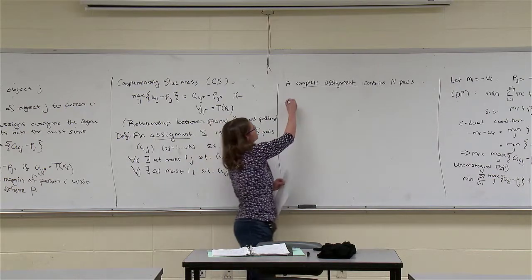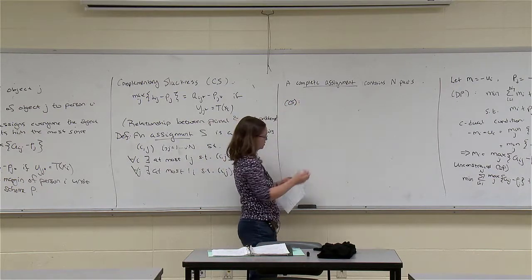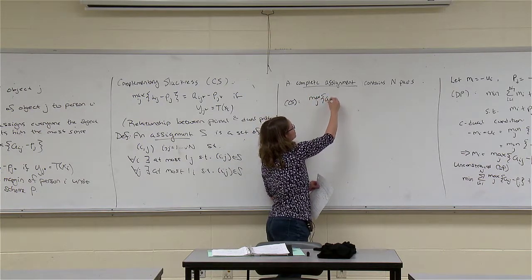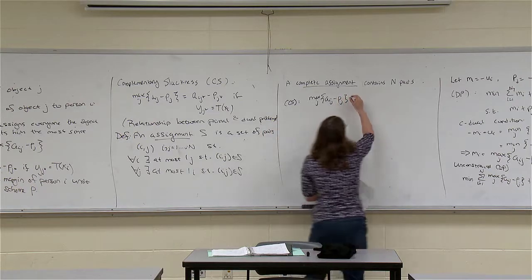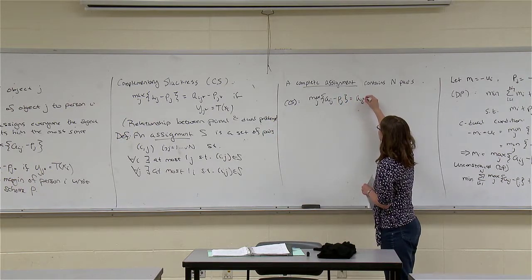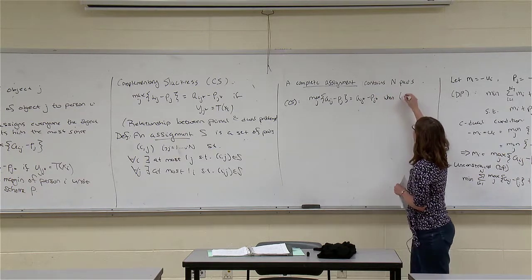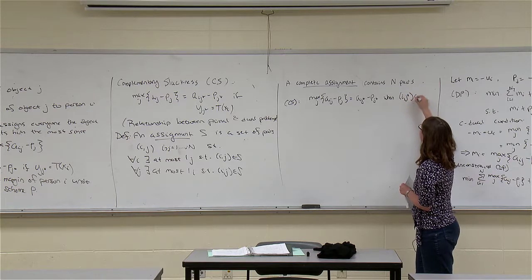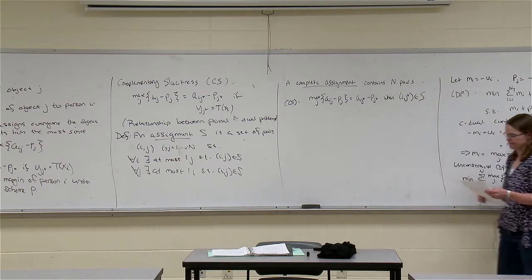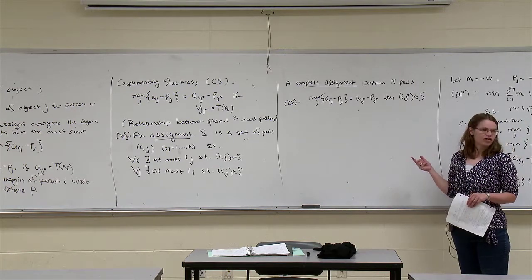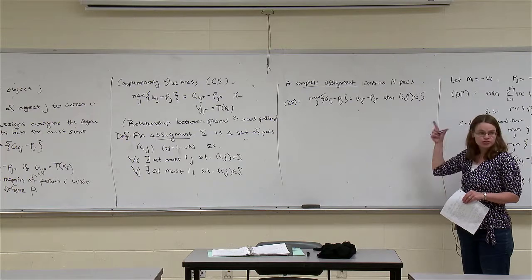So another way of writing the complementary slackness condition in this language is that the maximum over all j of a_ij minus p_j equals a_ij* minus p_j*, when i and j* belong to S. Okay, we can certainly write down assignments for which this is not true, but it will be true for the optimal assignment.